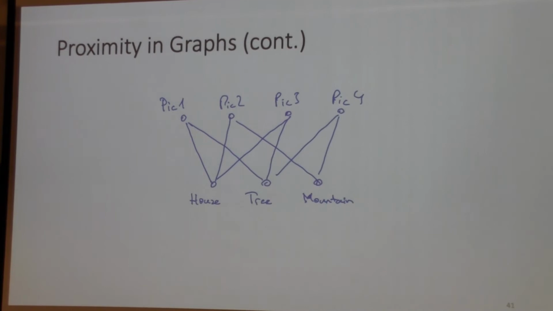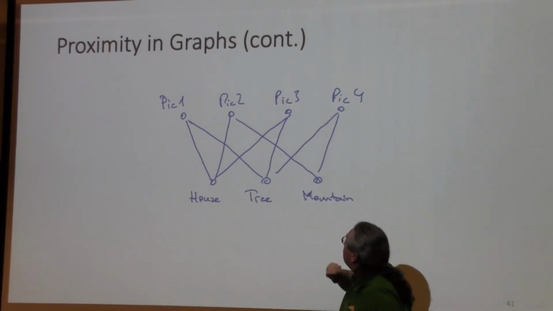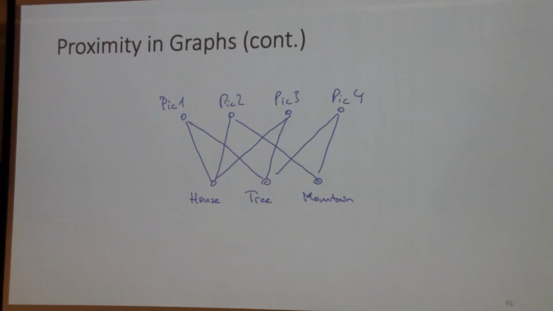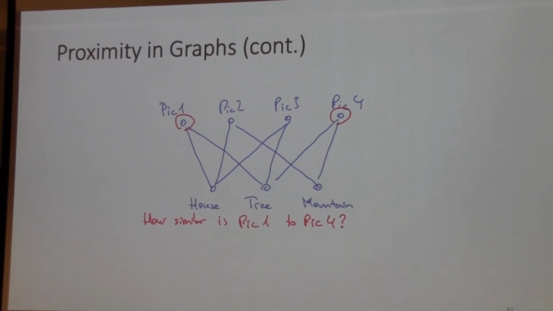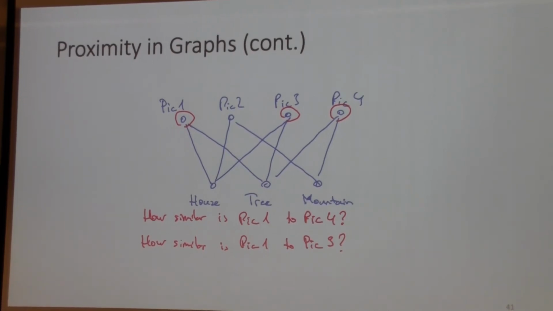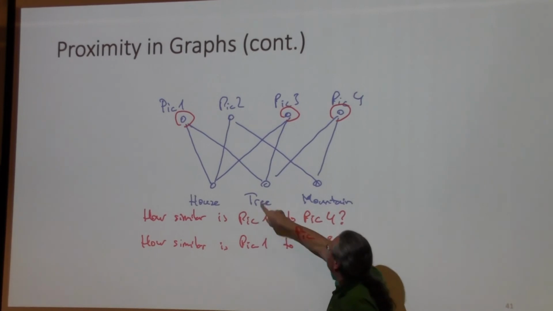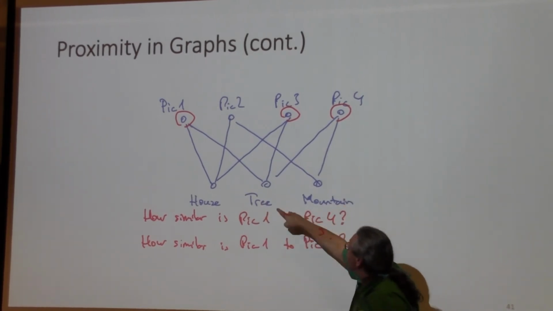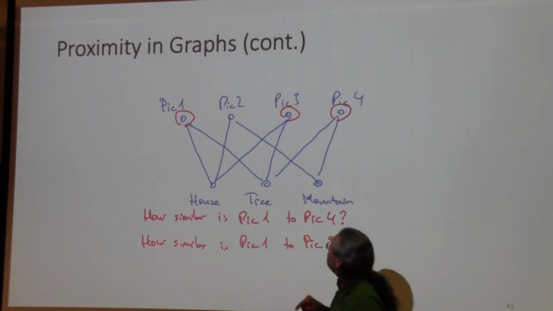Okay? So here's another example. We have 4 pictures and 3 objects. A house, a tree, and a mountain. And the question is, how similar is picture 1 to picture 4? Or picture 1 and picture 3? So 1 has a house and a tree, 4 has a tree and a mountain, but 3 also has a house and a tree.